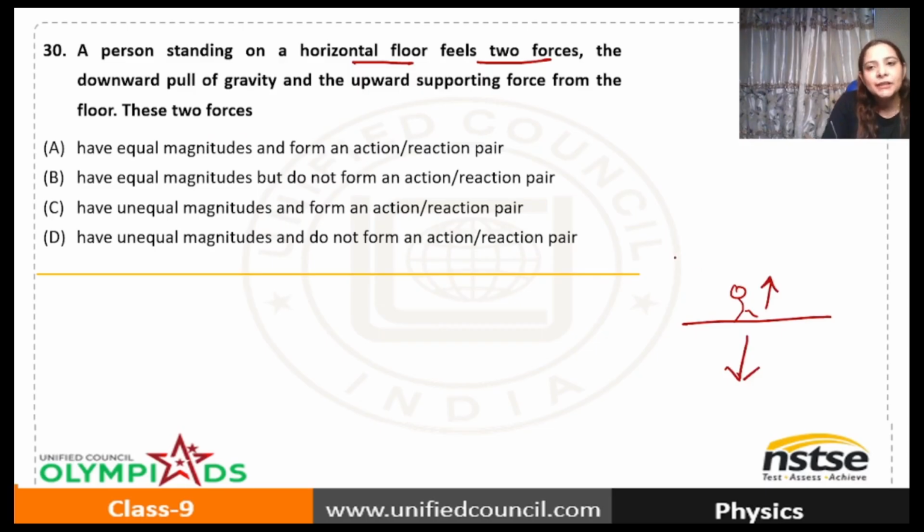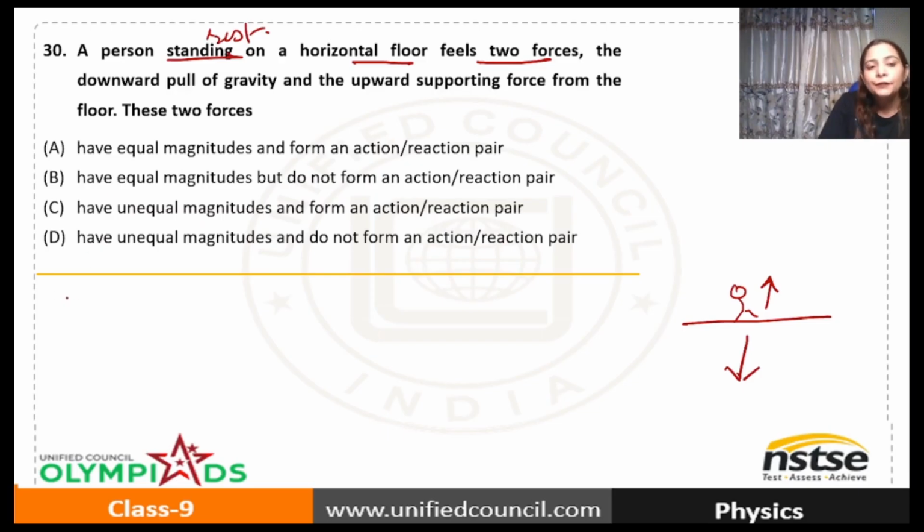These two forces in this case, see, the person is standing, that means the person is not moving, it is at rest. Option A says have equal magnitude and form an action-reaction pair. B: have equal magnitude but do not form an action-reaction pair. C: have unequal magnitude and form an action-reaction pair. D: have unequal magnitude and do not form an action-reaction pair.